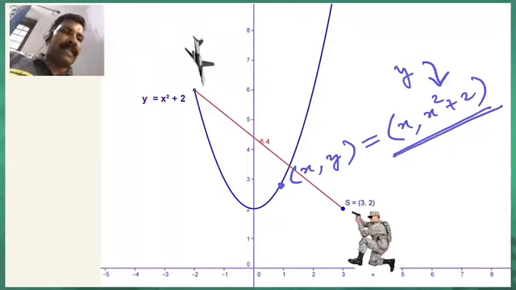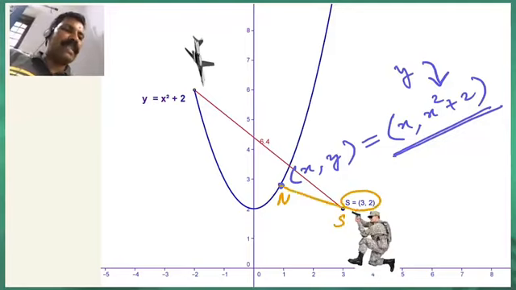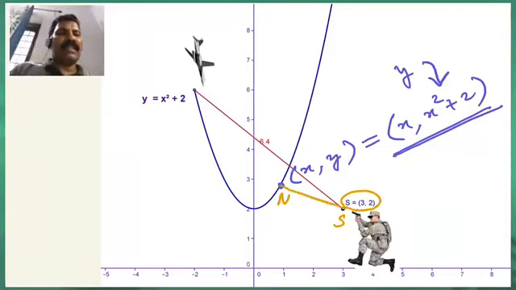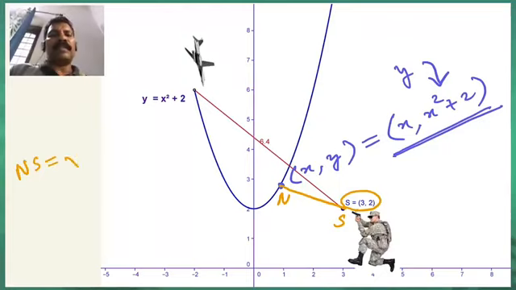this is the minimum distance. Let this point be capital N and this be the soldier position S. So NS, let it be the shortest distance, so that N is the nearest point. Then we can find NS by means of the distance formula.